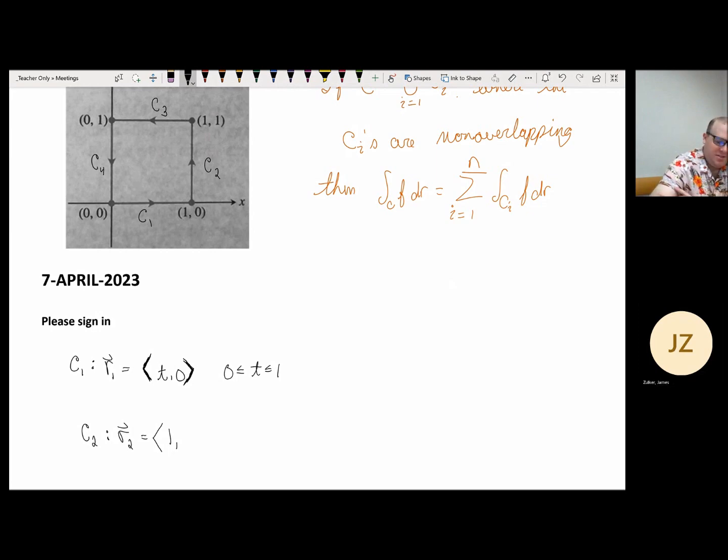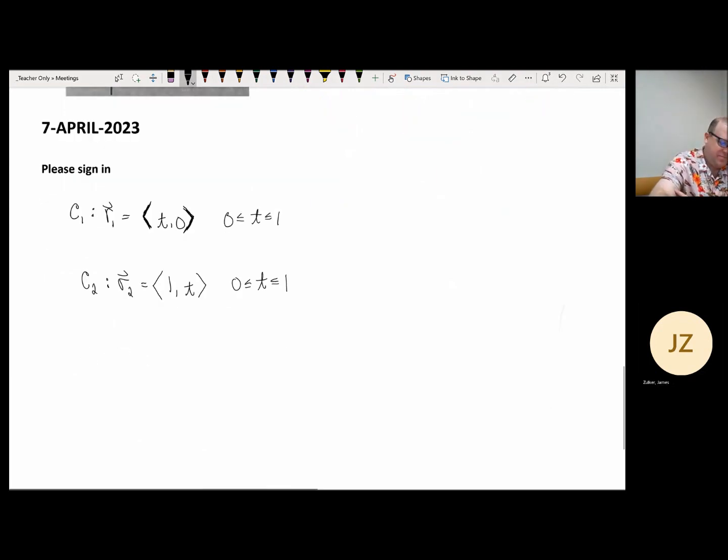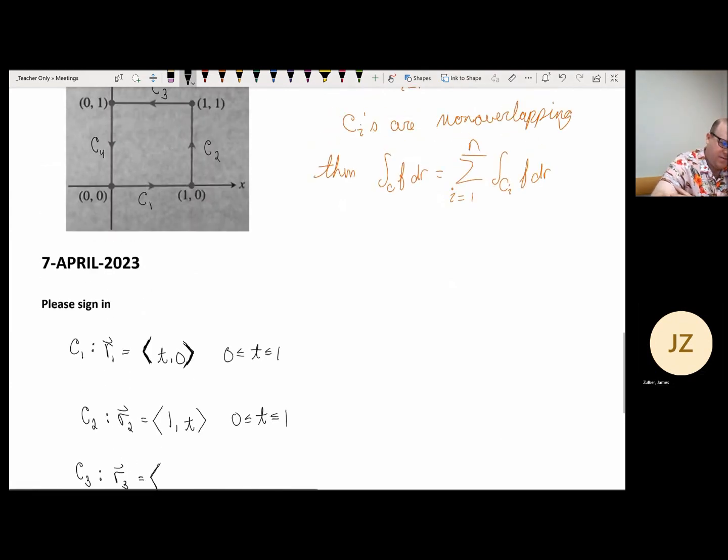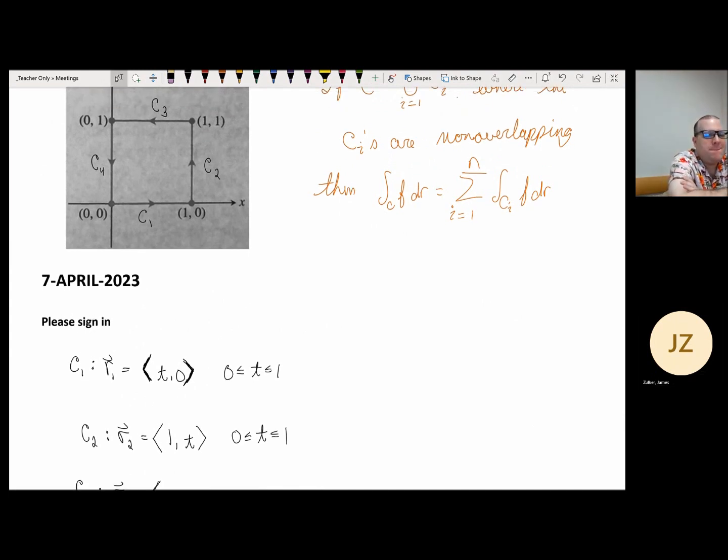Y changes, specifically from 0 to 1. C3: Y is constant.